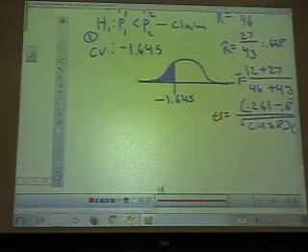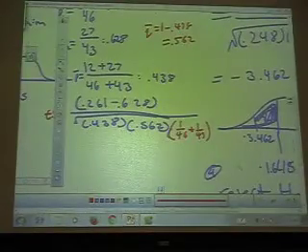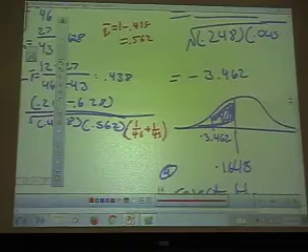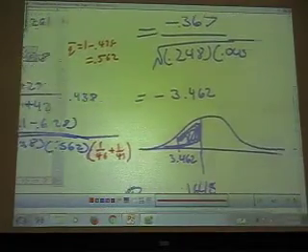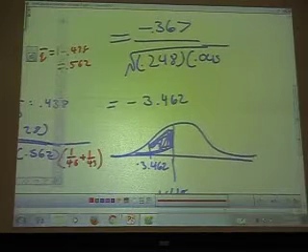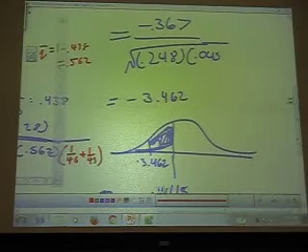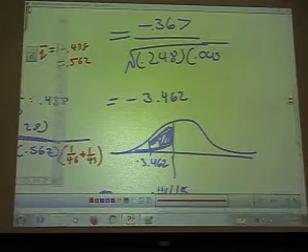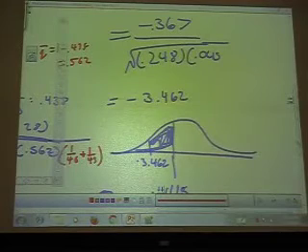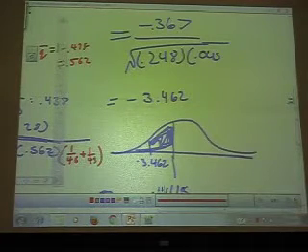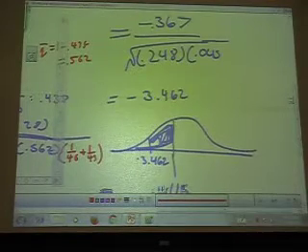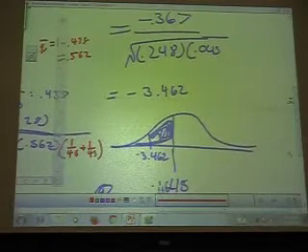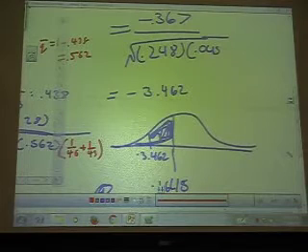All right, good deal. What did everybody else get for their test stat? Negative 3.49. Okay, so that's pretty close. It's in the same ballpark. But if I did it with my calculator, I got negative 3.51.